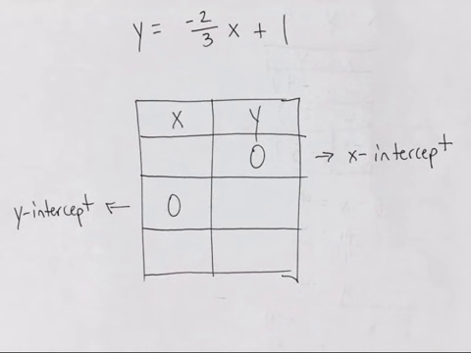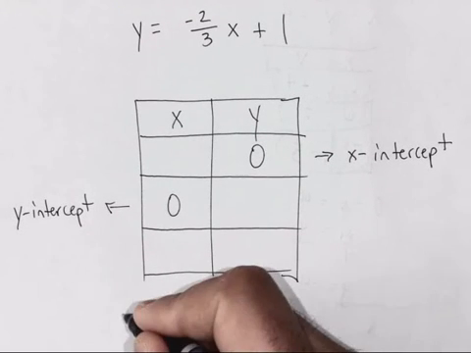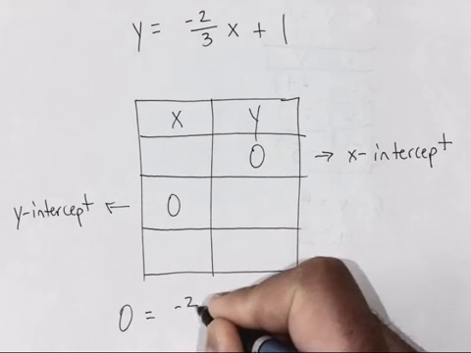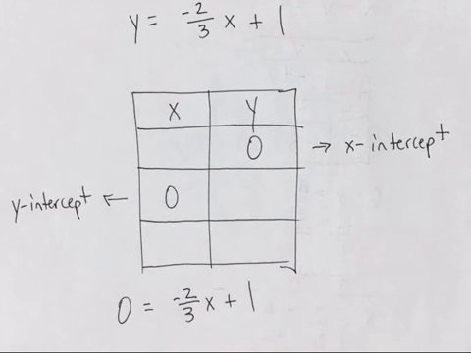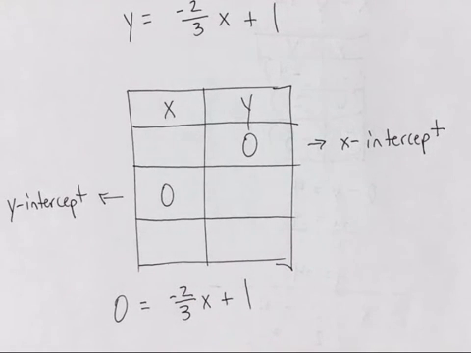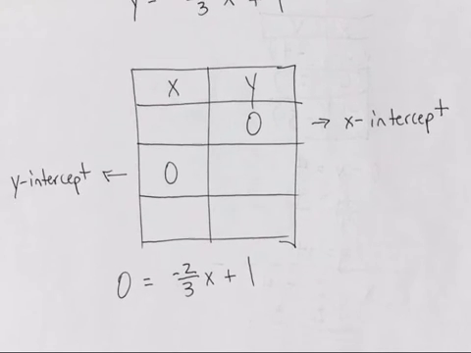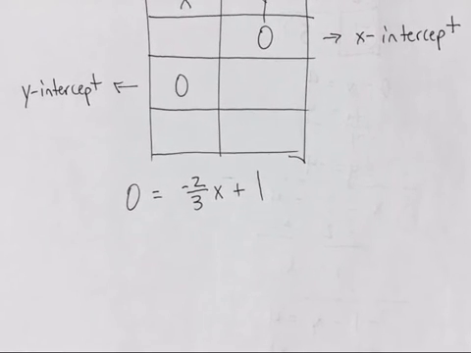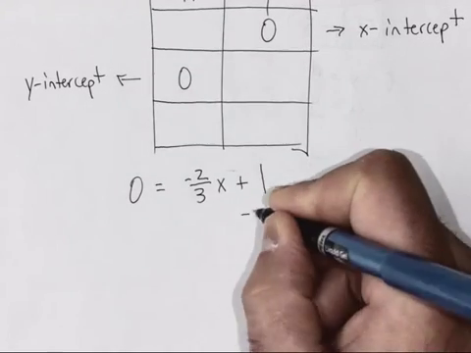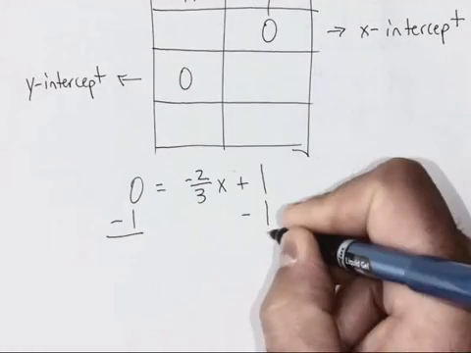Okay, so let's plug 0 in for y to begin with. Okay, so I get 0 equals negative 2/3 x plus 1, and we want to solve that for x, so we're going to subtract 1, subtract 1.